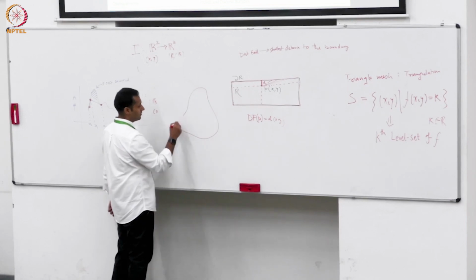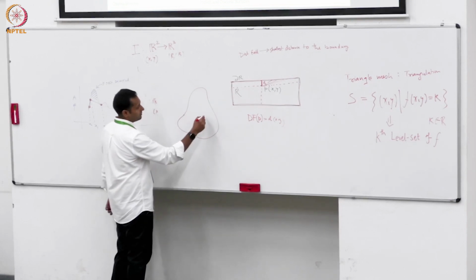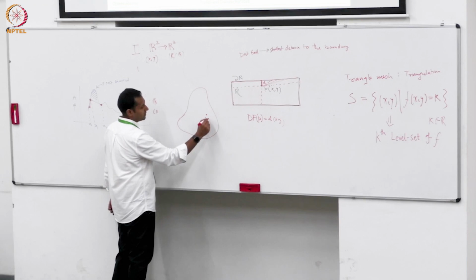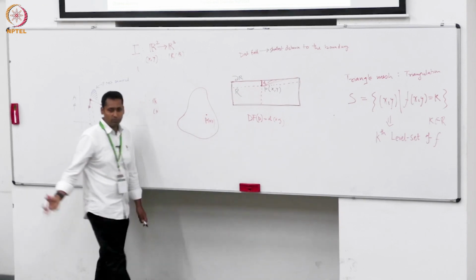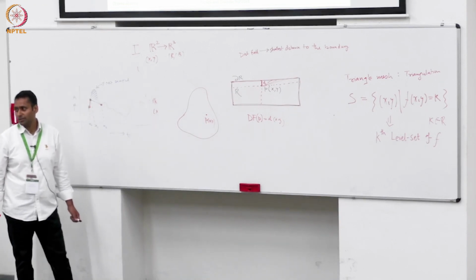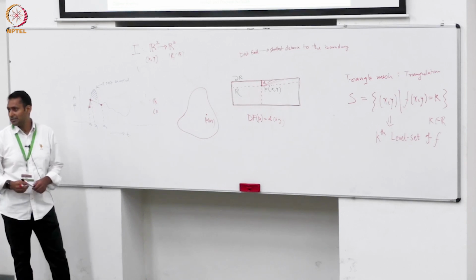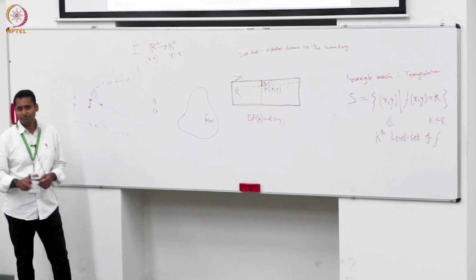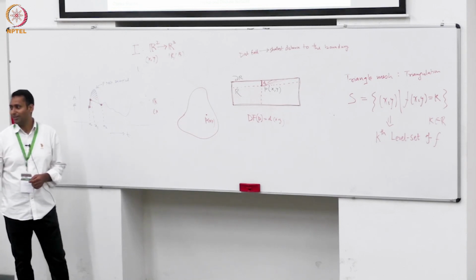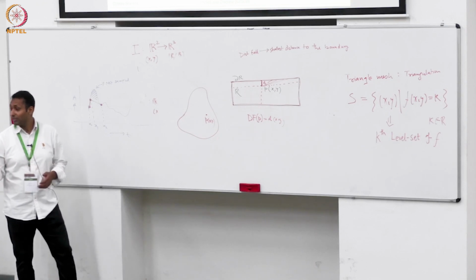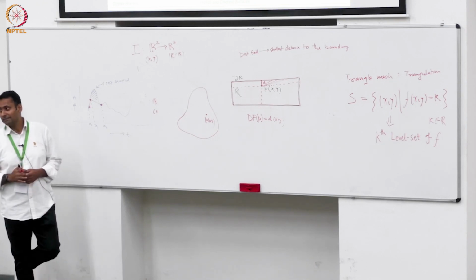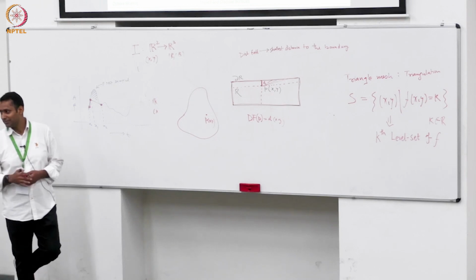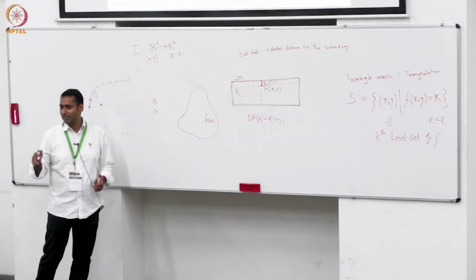Let me say this is my shape and I have a point P here. Now tell me what would be the distance. Perpendicular again? Perpendicular to the tangent. Tangent at what? At any point on the boundary, right? Perpendicular at any point on the boundary.